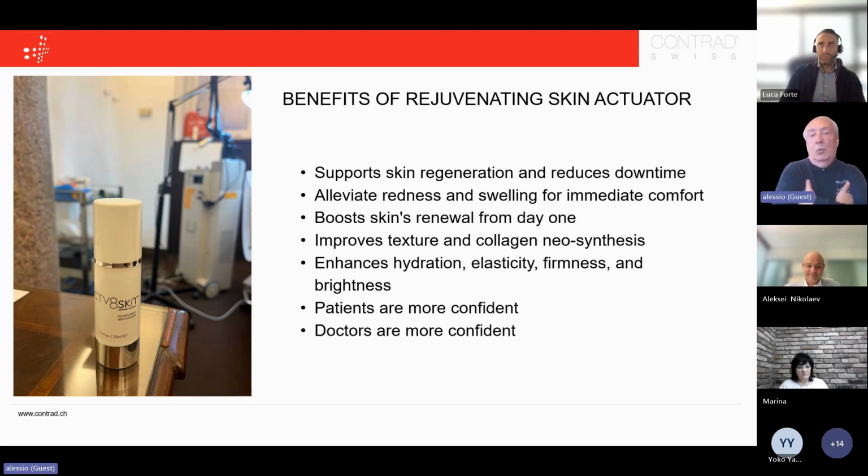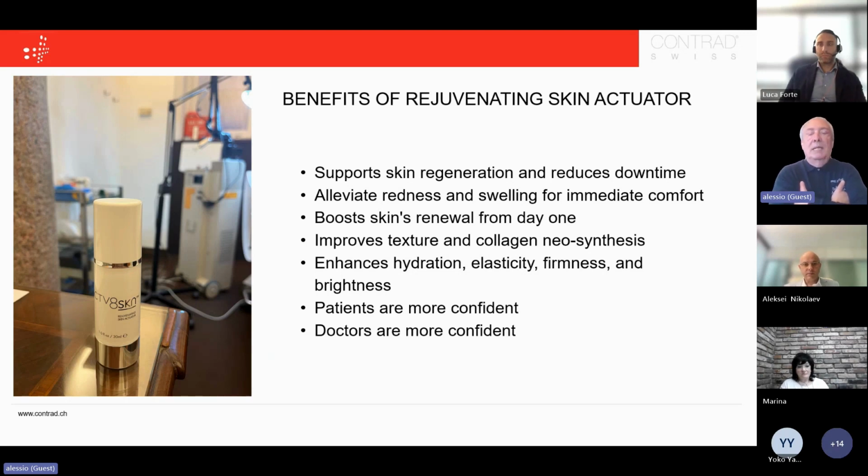Then the skin renewal was very quick and improved the texture. Now we are at around 1 month and a half, 2 months, but it enhances hydration, elasticity, firmness, and patients are more confident with their doctors.